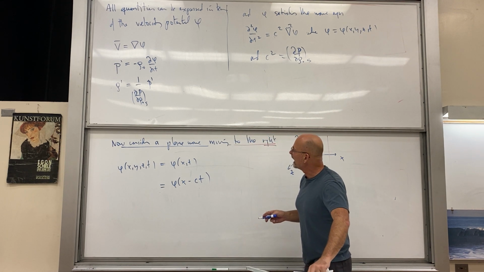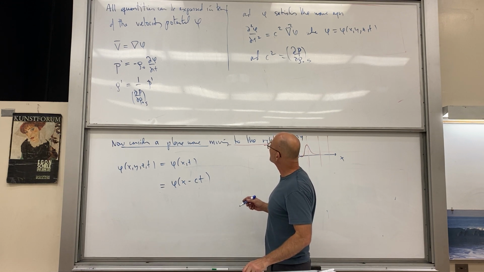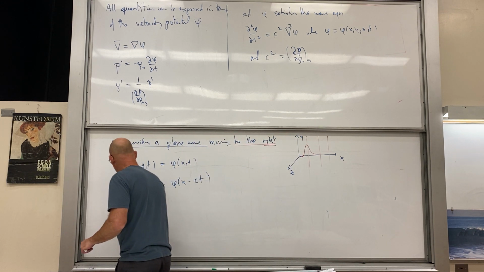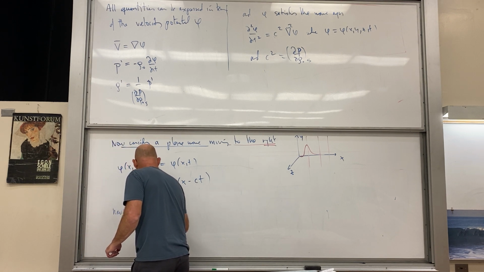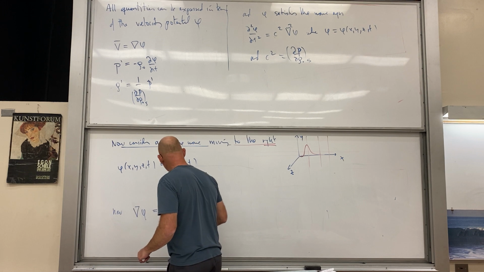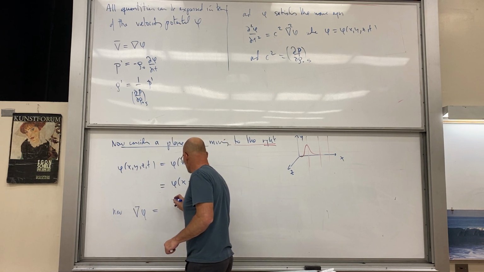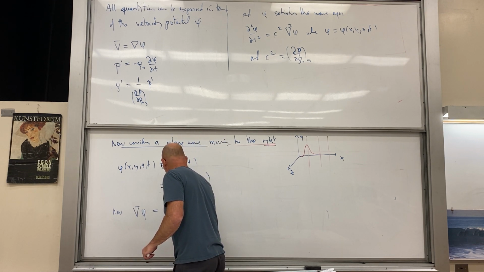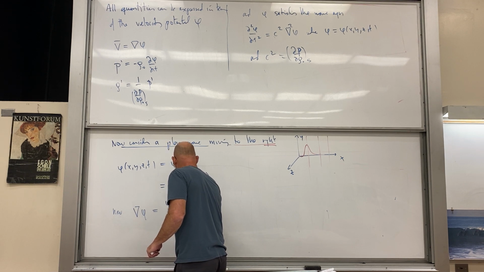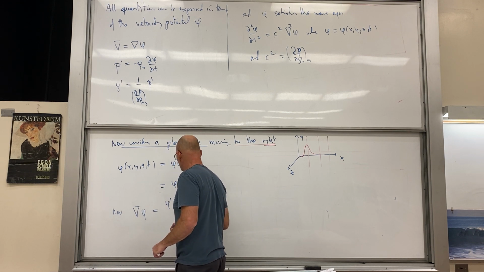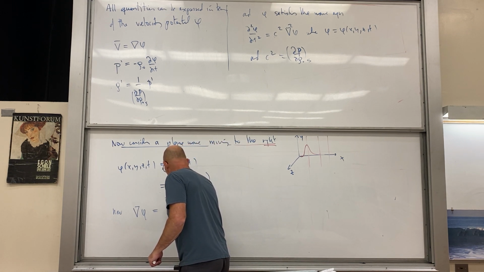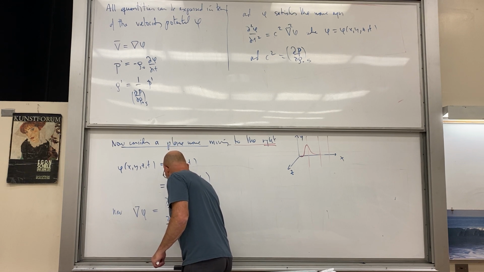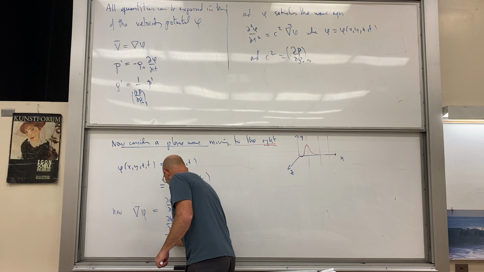And now let's see what we can get. So now, gradient of phi is equal to phi prime. Let me write it this way. So it's a vector, right? d phi dx, d phi dy, d phi dz.